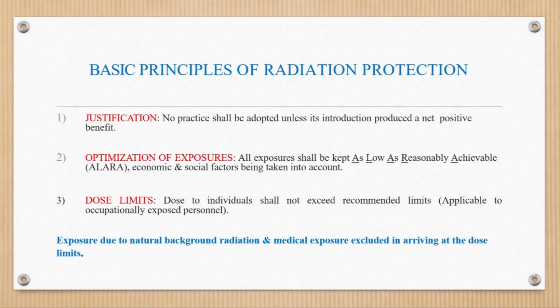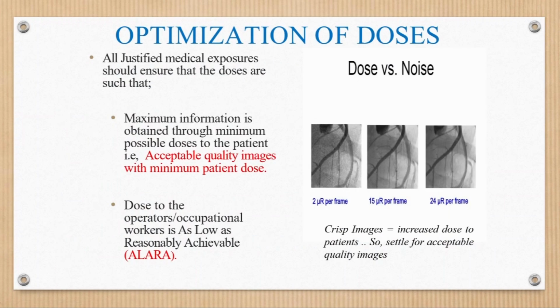So we have to restrict to the dose limits defined by the recommended regulatory bodies. Exposure due to natural background radiation and medical exposure is excluded in arriving at these dose limits, because, as I said, everybody is exposed to natural background radiation. So whatever dose limits we will see here should exclude the background radiation.